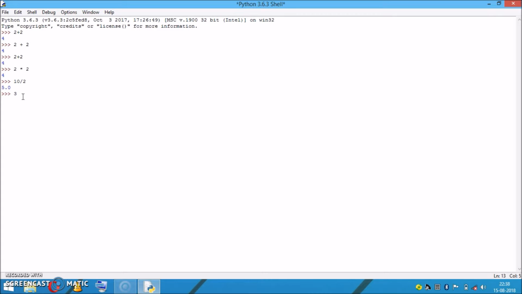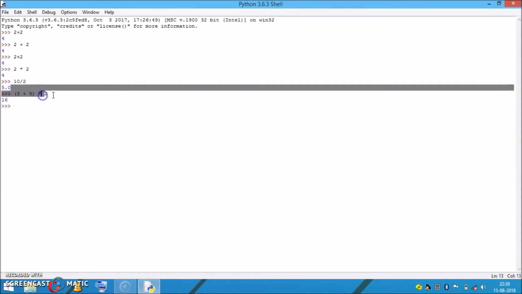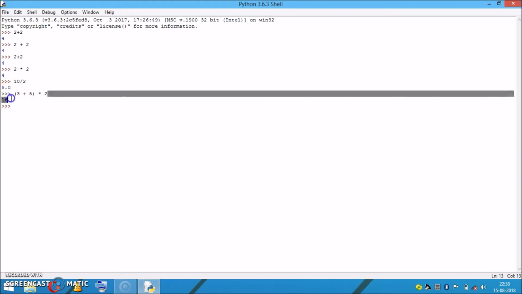So let's say I wanted to add 3 with 5 times 2. So now what do you think will happen? First of all, Python will multiply 5 by 2 and then add it with 3. But if I enter parentheses over here, the answer that comes is 16. In the other case, if I didn't use parentheses, I will show you the answer.